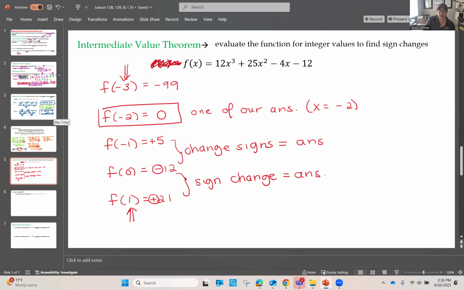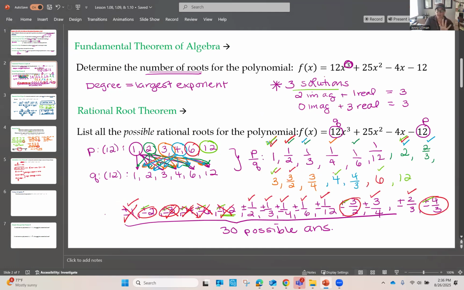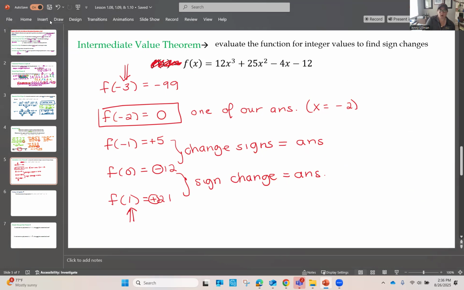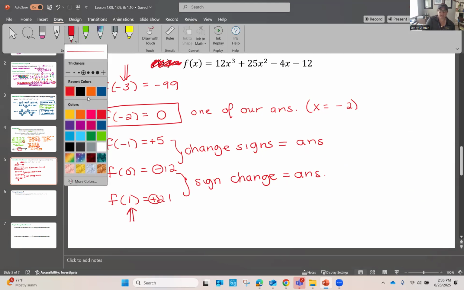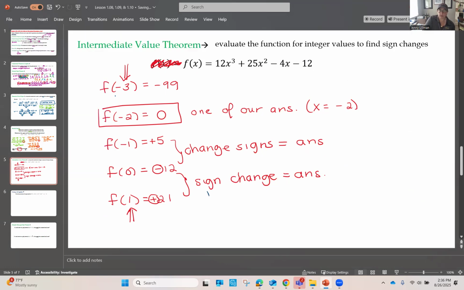So if we look at our list, now we have this crazy list, we can rewrite what we have. Our possible answers from that whole list have been narrowed down. For this positive one, it could be 1/12, 1/6, 1/4, 1/3, 1/2, 2/3, and then I think it is 3/4.